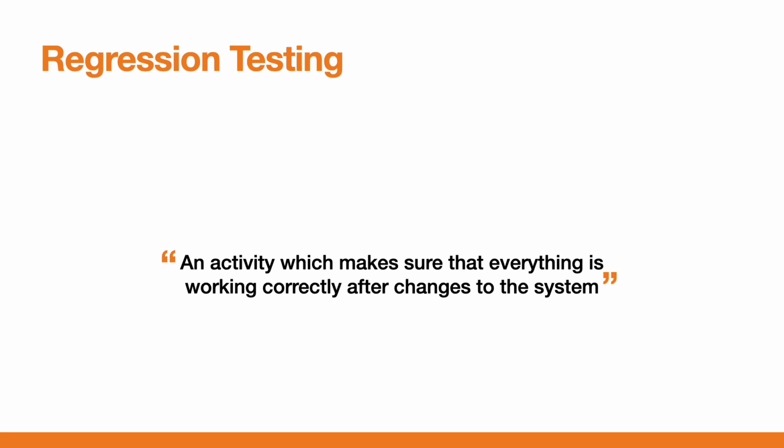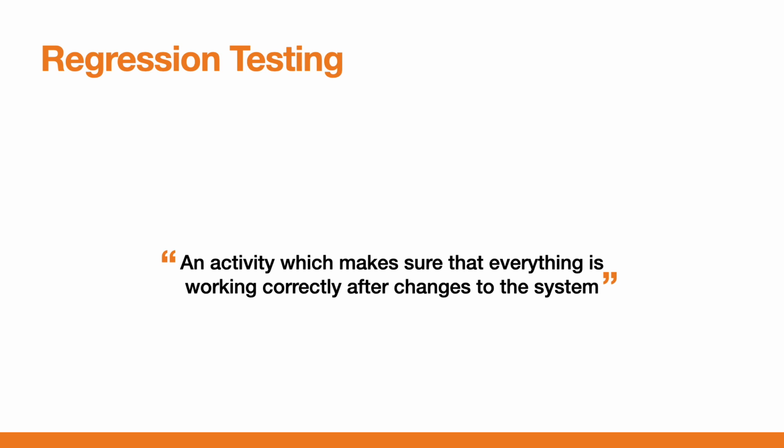So when software is already designed to perform a certain task or has a certain feature, sometimes when a new feature is introduced or when a bug is fixed, it can happen that a previous bug is reintroduced, or a bug that didn't exist before starts happening on a piece of software that used to work fine before. So regression testing is the activity that you do to have some guarantee that if something is working, it will continue to work, and if it doesn't, the developers will know about it and will be able to fix it.